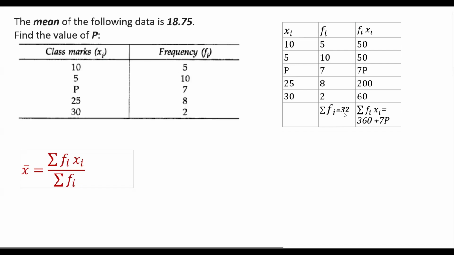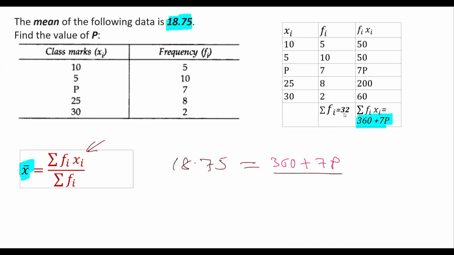Now we will be replacing these values. What is x bar? X bar is the mean, and the mean of the data is given as 18.75, which is equal to sigma fi xi, as we are using the direct method. So sigma fixi is 360 plus 7P, and that divided by sigma fi, and sigma fi is 32.